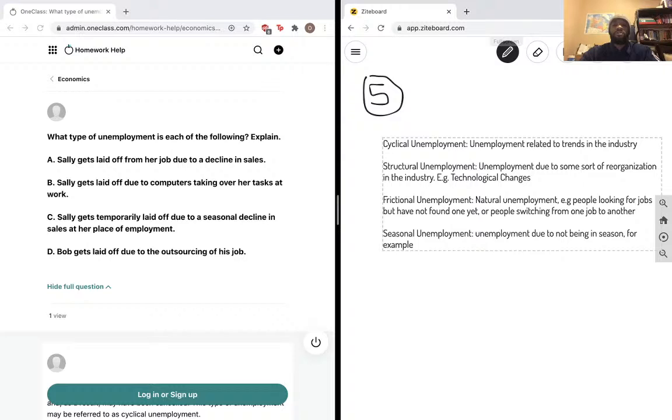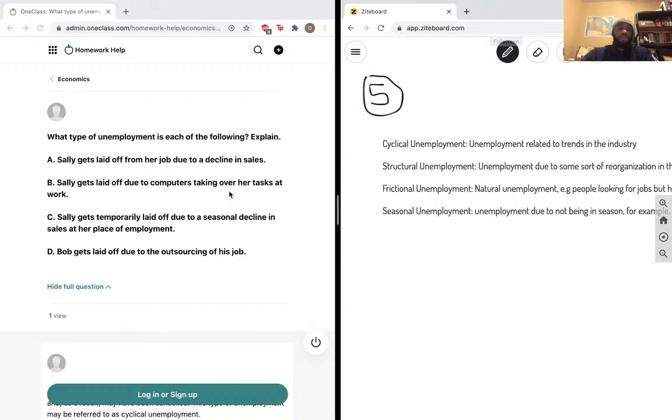You're probably not getting your Christmas trees until late October, November, depending on how excited you are about Christmas. So the people in the Christmas tree selling industry might be unemployed for every other season except for the Christmas season. We'll say for example, a company that sells Christmas trees or Christmas decorations.